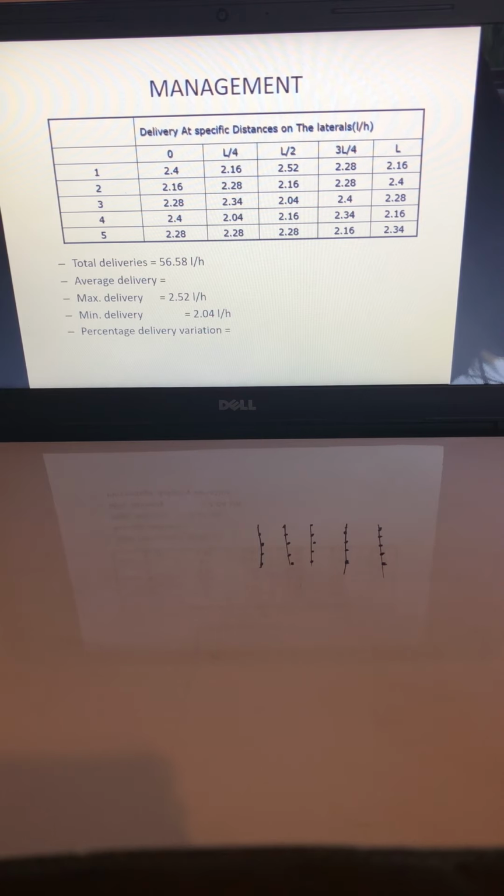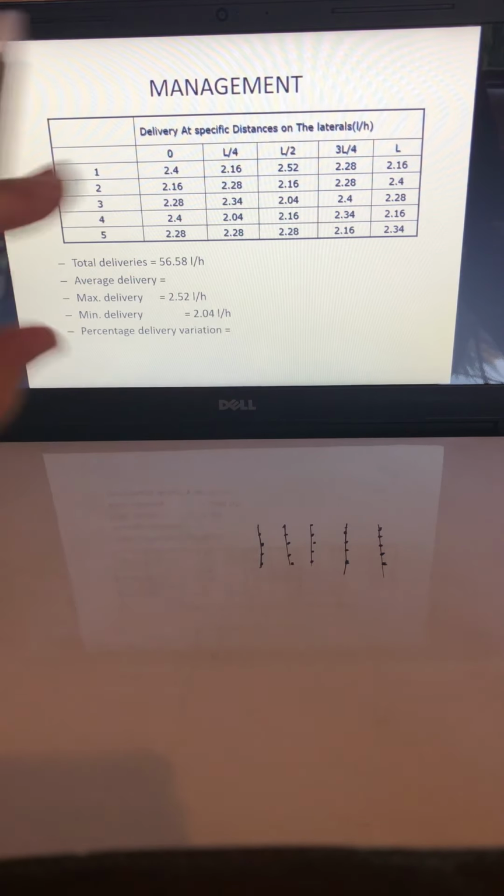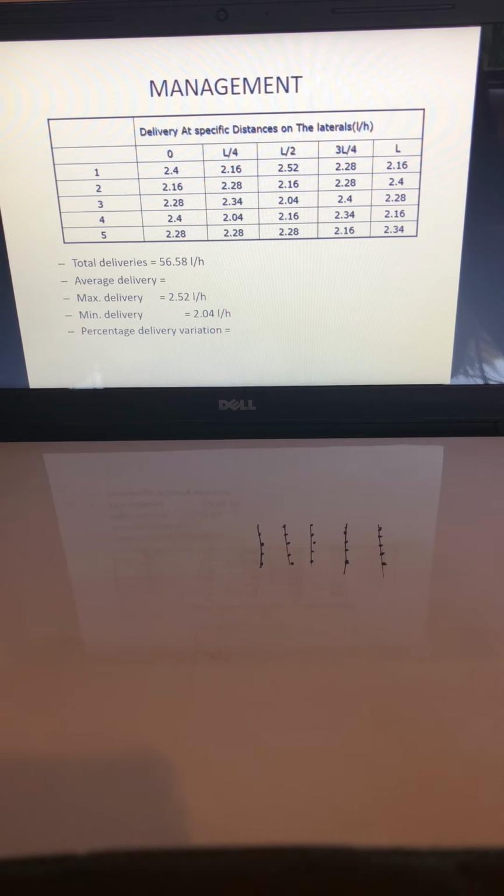So in order for us to correctly determine when to replace those emitters, we can check the rate at which the water leaves the emitter, and if we have a variation in our field that's larger than 10%, that means that some of the emitters need to be replaced. So that's why we have a table like this, and all of these values are values that we got from measuring the rate at which the water leaves the emitter.